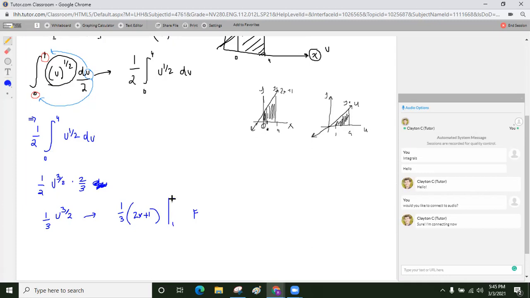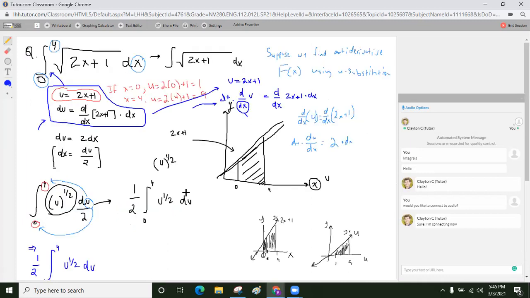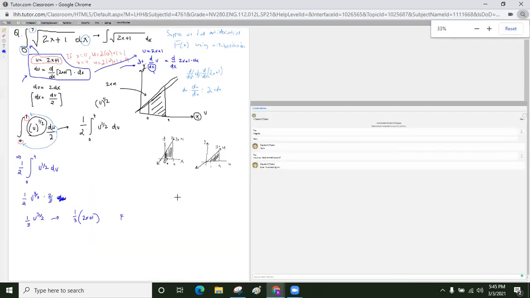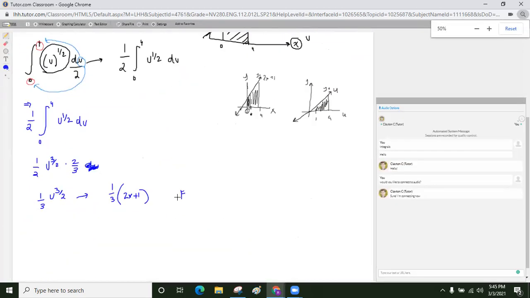So the evaluation from 1 to 9 is only if you leave it in terms of u. Because if you've brought it back to x being the variable, your bounds will be 0 and 4 again. Interesting. So you're saying there's really two ways to go about this: we can leave it in terms of x, in which case the bounds will be the same, or in terms of u, in which case we would have to have the bounds correlate with the transformed curve.